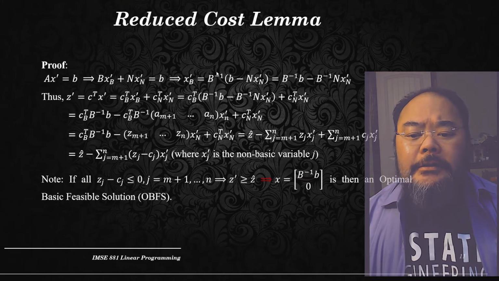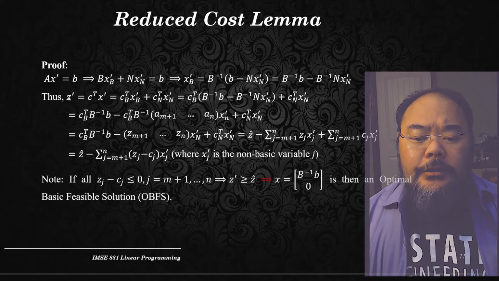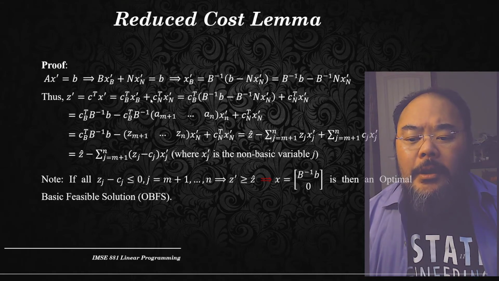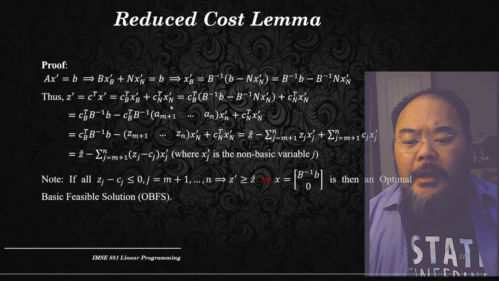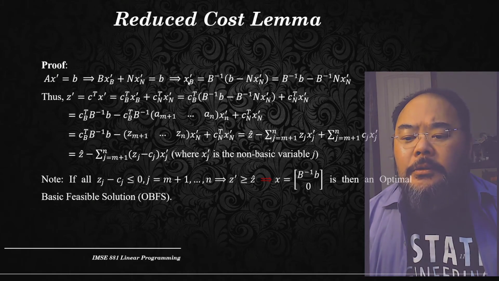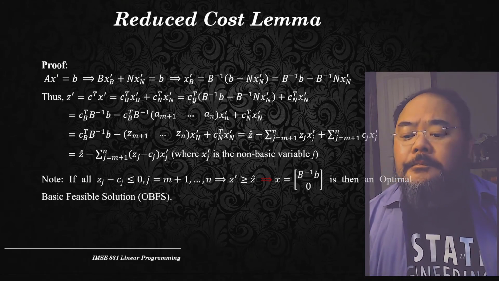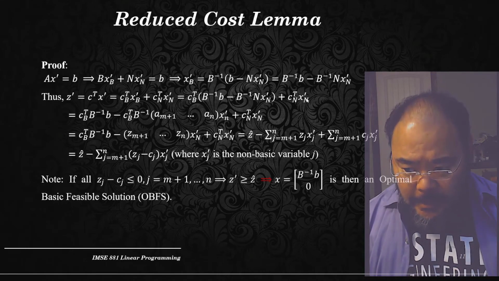Basically what I'm saying is the new objective function value corresponding to x prime equals c transpose times x prime, equals cB transpose times xB prime plus cN transpose times xN prime. So we're going to replace xB prime using the equation we get from the constraint equation. So this will be cB transpose times this plus cN transpose times xN prime.